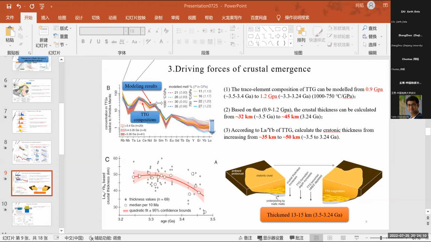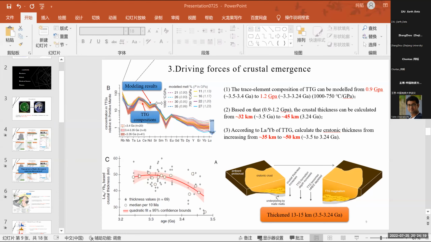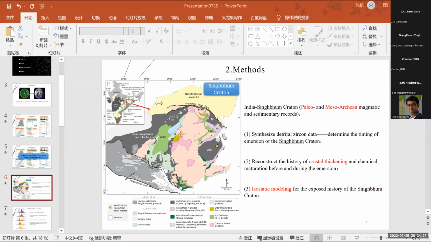I have done a few analyses in one part of the Singhbhum Craton, known as Bonai granite, which is 3.3 billion years old. My work mostly involved the northern part of the Singhbhum Craton, where the schist belt is, the North Singhbhum Mobile Belt and Gangpur schist belt. It's between two cratons: the Singhbhum Craton, and to the north the Chotanagpur Gneissic Complex. I worked there in the schist belt on metamorphism.